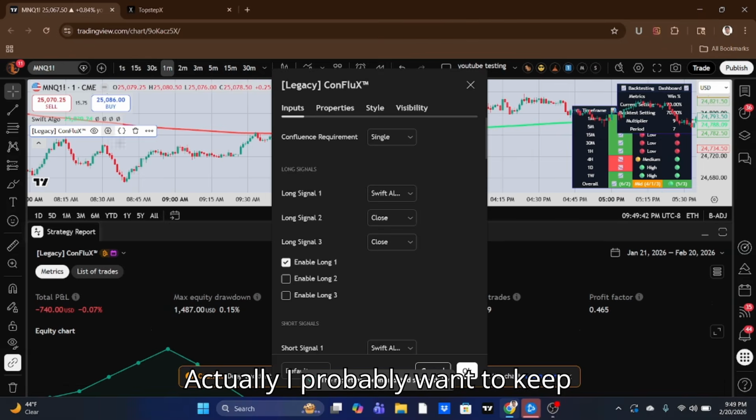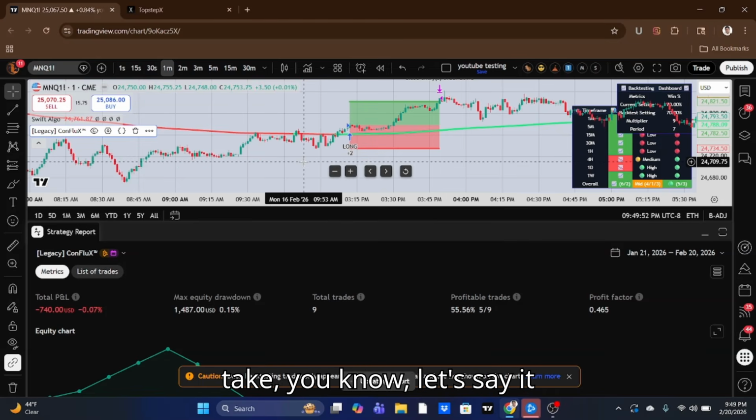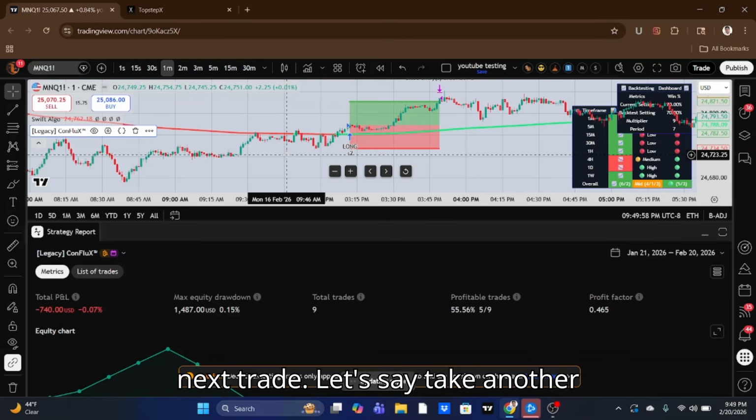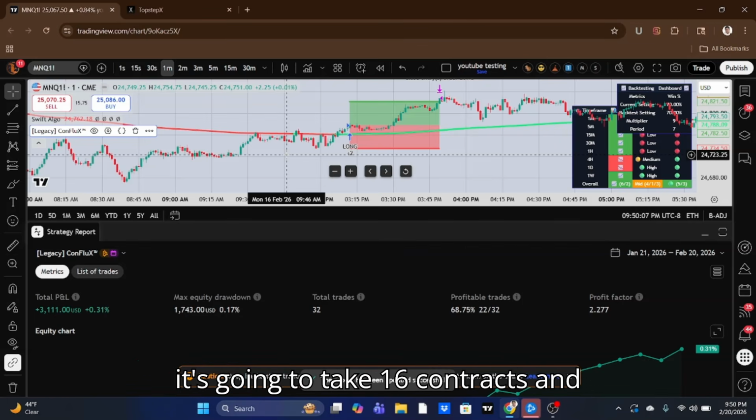Actually, I probably want to keep max martingale steps to 3 instead. So meaning it only multiplies it 3 times. So let's say it took a loss. So 4 contracts next trade, let's say it takes another loss. So it's going to be 8 contracts. Then it takes another loss. So it's going to take 16 contracts, and that's going to be the limit.